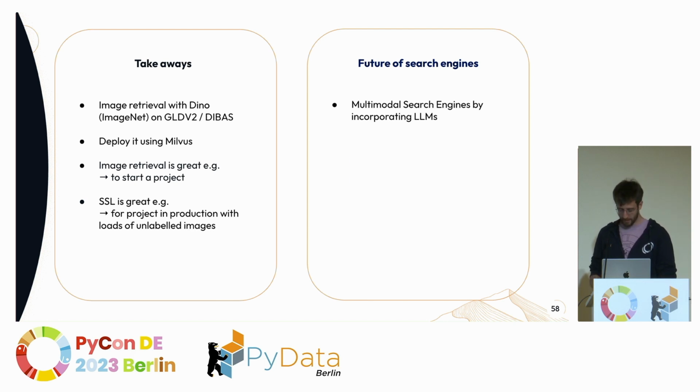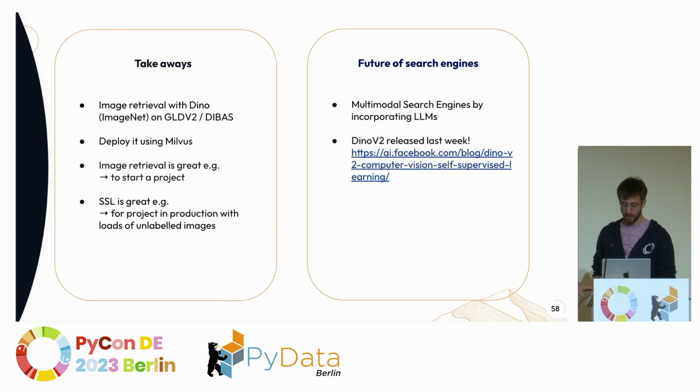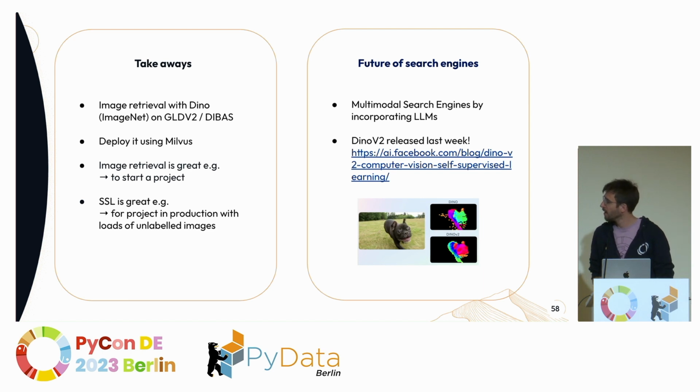And this last week, DINO V2 was released. DINO V2 is very similar to DINO, but they scaled the model and the dataset. So they trained a much larger model. I think it's a billion parameter model, something like that, and they used that to distill a smaller one.